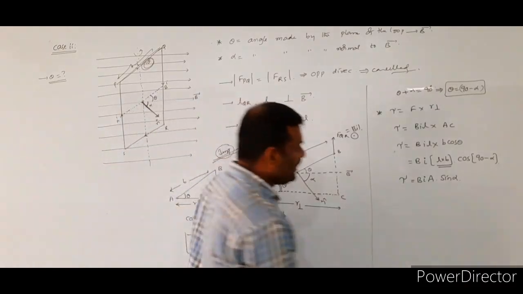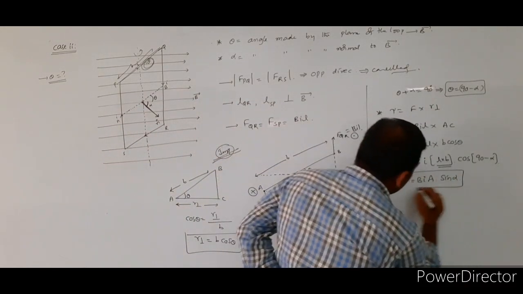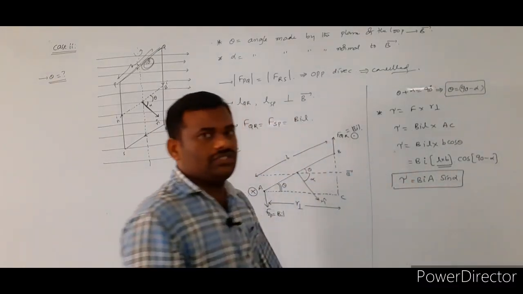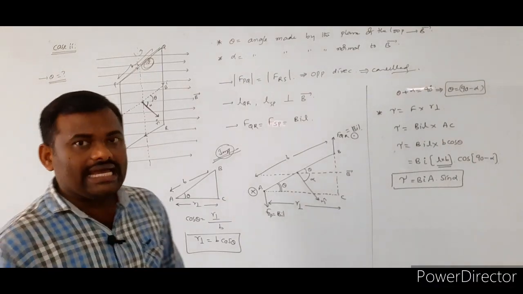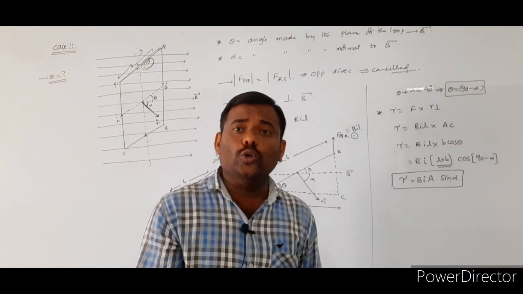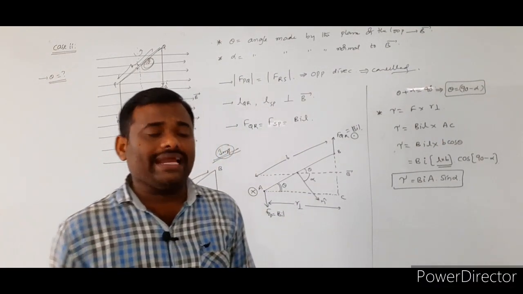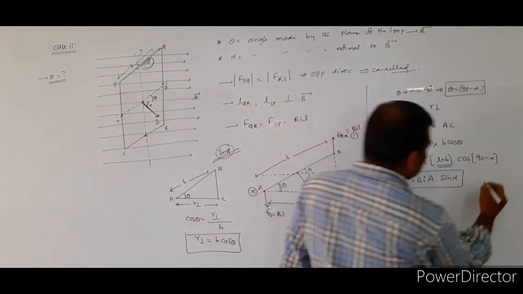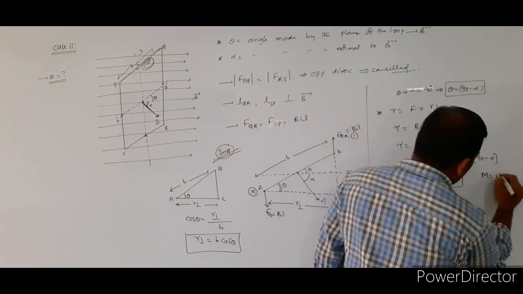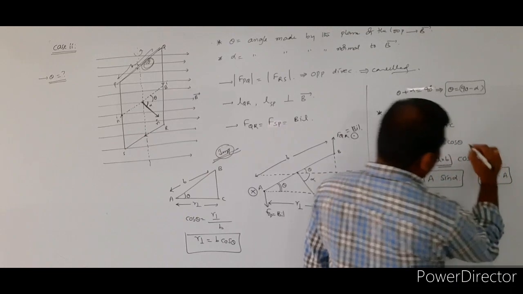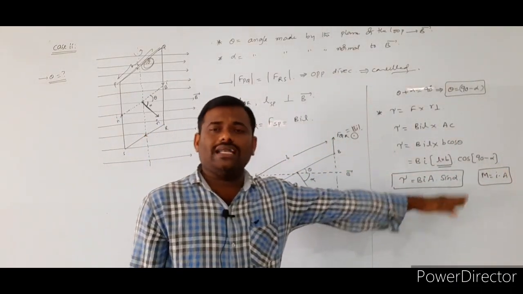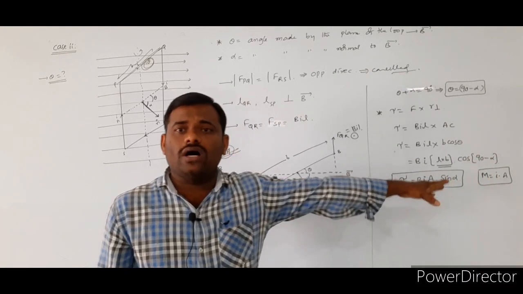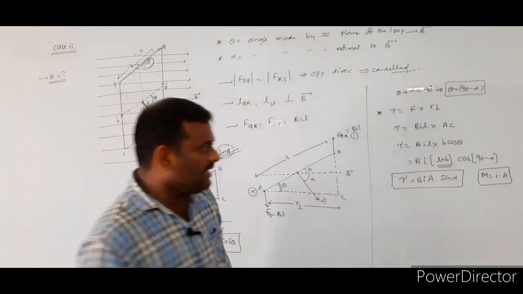And moreover, this is the general equation. Now I will convert this equation into another form. Already we know that if a current carrying loop is placed in the uniform magnetic field, its magnetic moment formula is M is equal to I into A. Magnetic moment of the loop is equal to I into A. A is indicating the area of the loop.